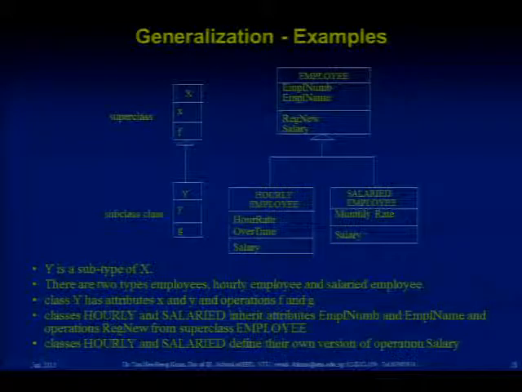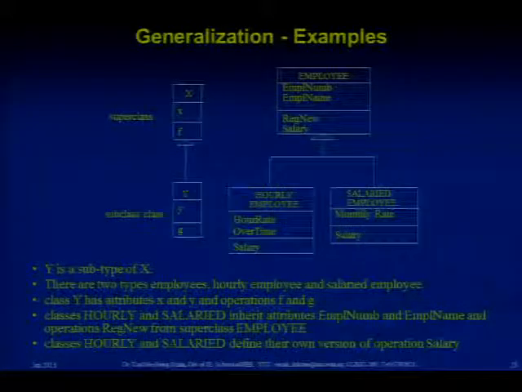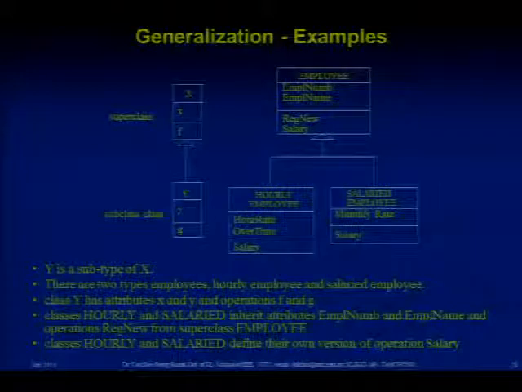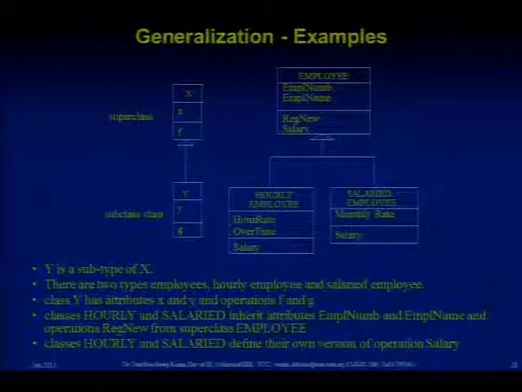Each hourly employee is specified by this class. Each salary employee is specified by the second subclass. As I told you earlier, the objective of generalization is to define classification in our class diagram. So over here, we use generalization to show the classification of employees in the company into two types, hourly employee and salary employee.